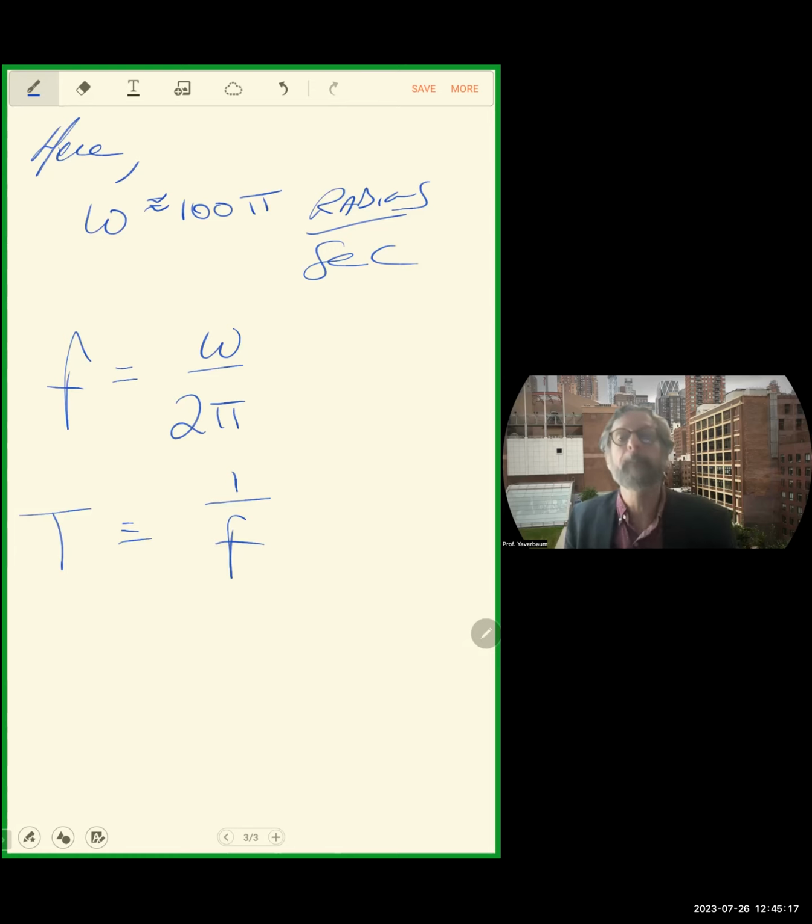You get 50 hertz as an answer for number 1. And then you flip that to say, okay, if it's doing 50 cycles per second approximately, then it takes 1 over 50 seconds, like 0.02 seconds, to do one full cycle.